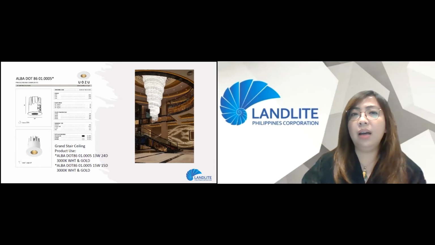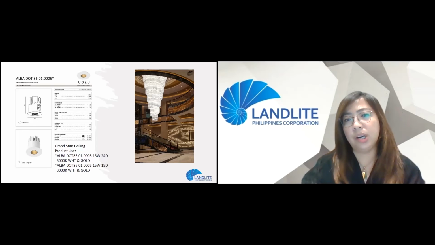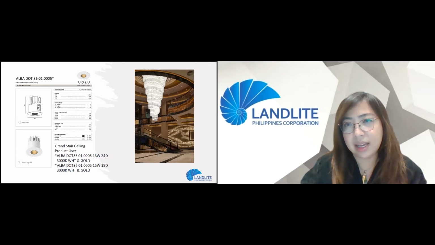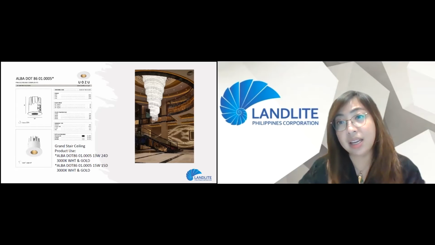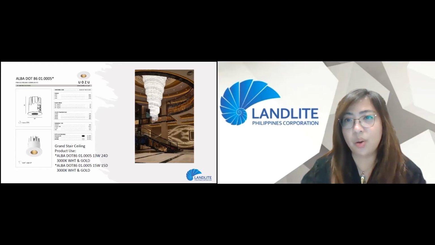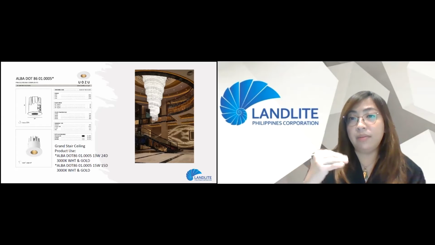This is the grand stairway of East Ocean. I'll be referring to the upper portion, the ceiling. This is very challenging because you have a stairway going up, so the lighting should be very even.